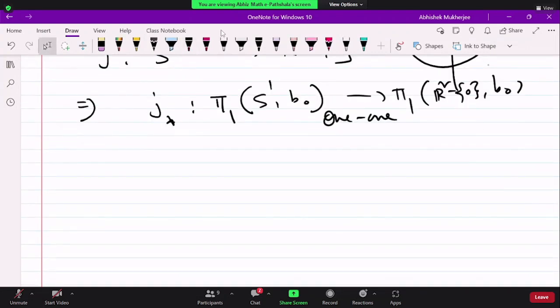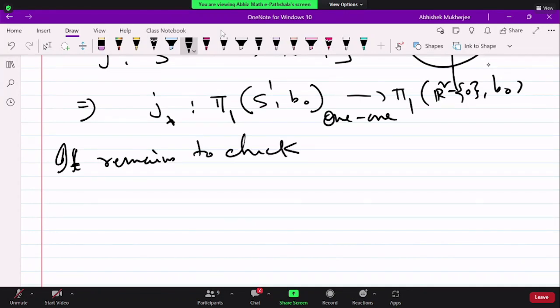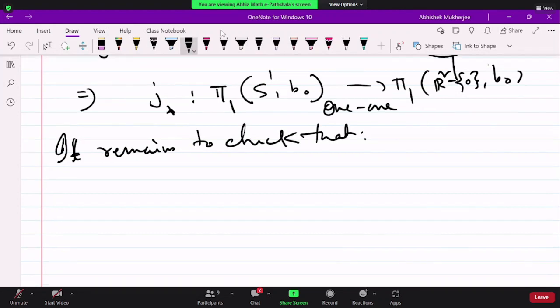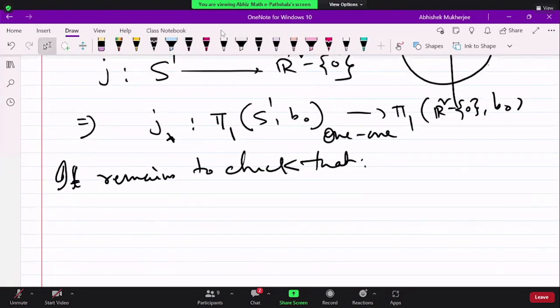And therefore, now one needs to check that, considering any loop in the punctured plane based at B naught, you need to produce a loop in S1 based at B naught, which will be associated by this map, right?